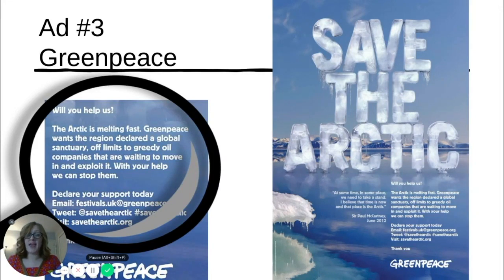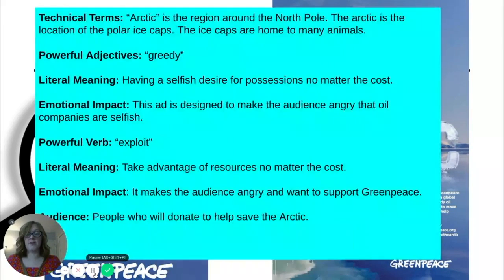Pause here to analyze the advertisement for technical words that help you understand the advertisement, powerful adjectives, and powerful verbs. Remember to think about the literal meanings of the words, the emotions and pathos used, and the intended audience for this advertisement. Now, let's analyze this advertisement together. The technical term that's needed for this advertisement is the word Arctic.